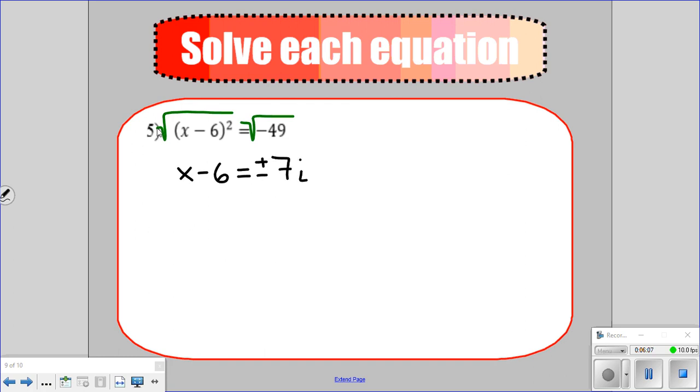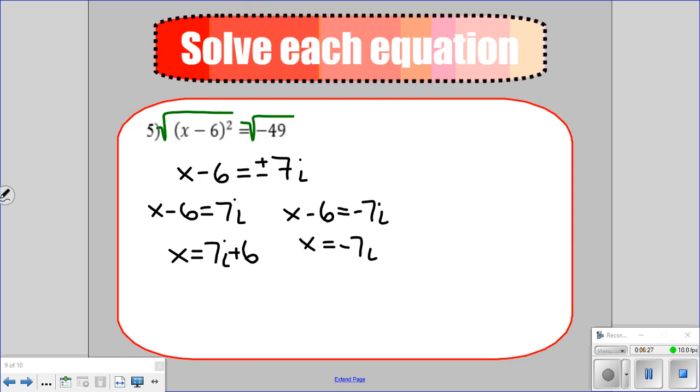So I have x minus 6 equals positive 7i, and x minus 6 equals negative 7i. I'm going to add 6 on both sides, so I get x equals 7i plus 6. Over here, I get x equals negative 7i plus 6. And there's my two answers.